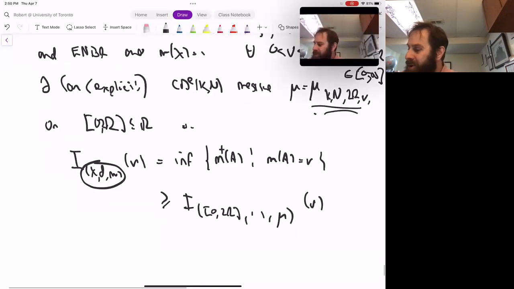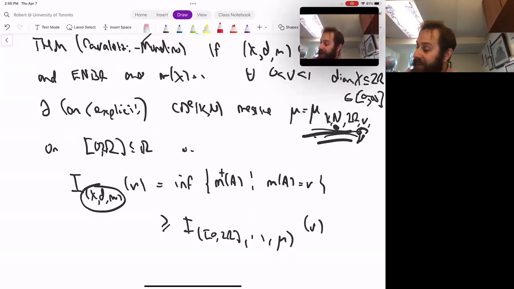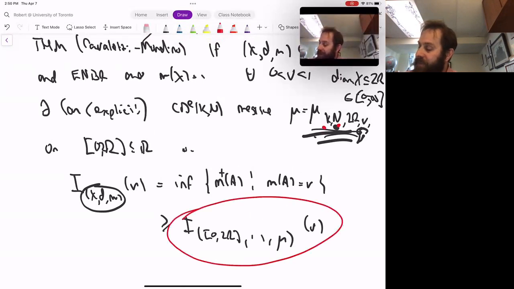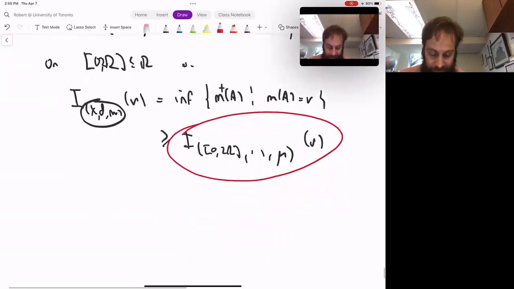And there's a little miracle that happens when N happens to be an integer, which is that the mu turns out not to depend on d in that case. So when N is an integer and K is positive, then the model space that gives this lower bound actually also coincides with the sphere. And the set A is a spherical cap with the same Ricci lower bound and the same upper dimensional bound and the same volume fraction.